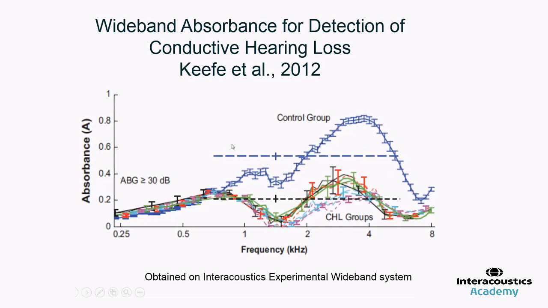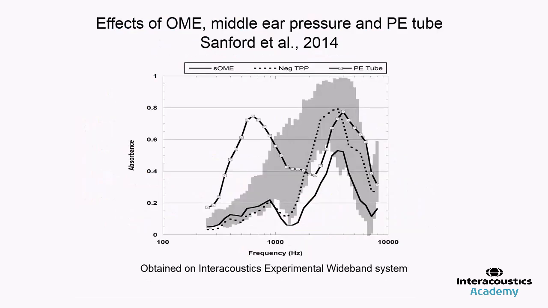And this has been replicated in other groups. These were in children that were old enough to be able to do complete pure tone audiometry, but it's also been done in infant studies, and I'll talk about some of those.